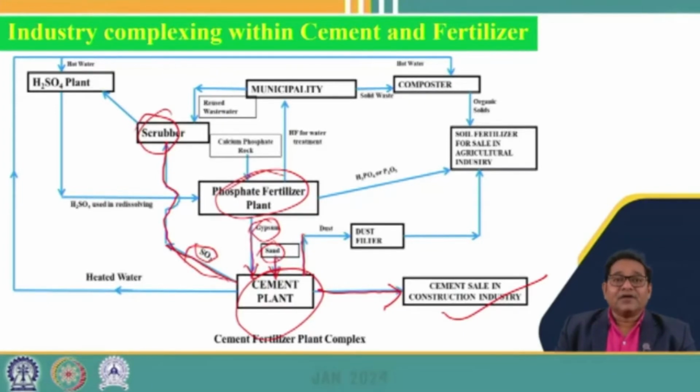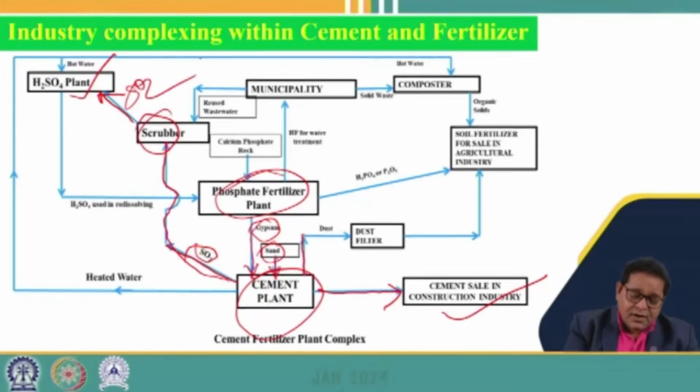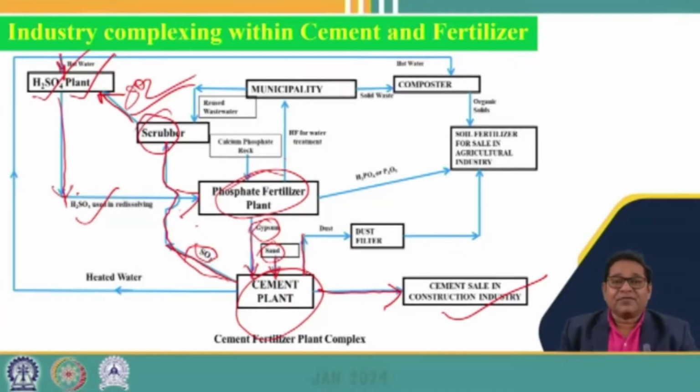After scrubbing, the gases present in the flue gas are converted into H2SO4 acid, and this acid can be used as a raw material in the H2SO4 plant, or after scrubbing, the SO2 after removal of other impurities can be used as a raw material for production of sulfuric acid in the H2SO4 plant, which along with hot water helps in production of the H2SO4 that is used as a raw material for phosphate fertilizer plants.